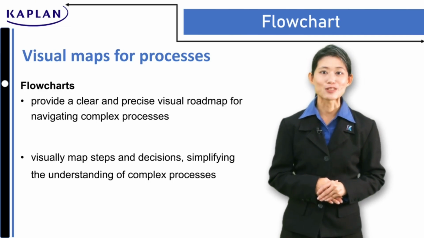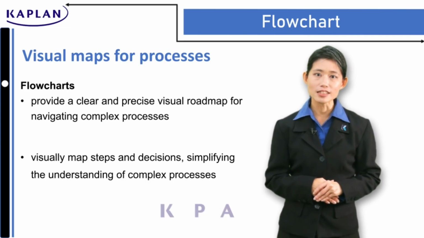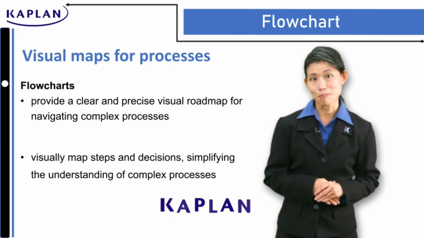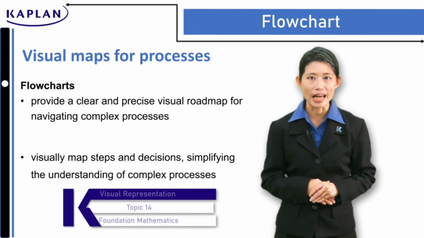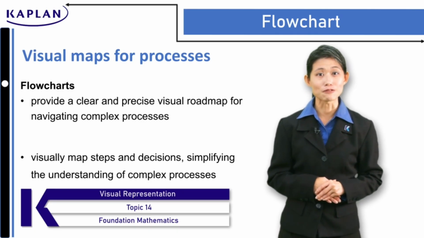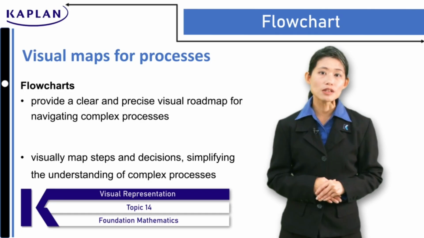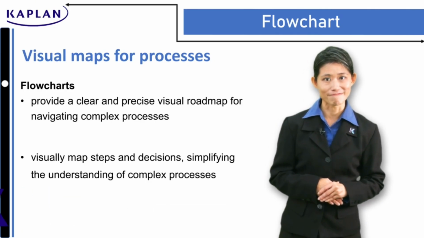This visual format makes it much easier to understand complex systems and processes, compared to relying solely on text descriptions. Since flowcharts are a form of communication, they rely on a universal language of symbols to convey information effectively.